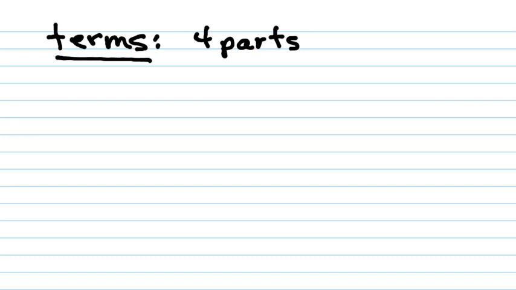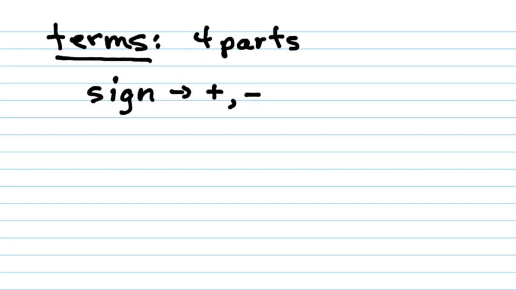So, the first part of every term is something called its sign. Now, for us at our level, the signs are those pluses or minuses that are in front of the numbers. For us right now, we're still going to think of a plus as what operation? Add, and a minus as subtract.